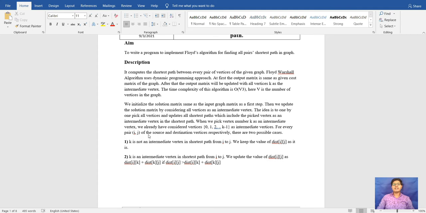For every pair i, j of source and destination vertices respectively, there are two possible cases.